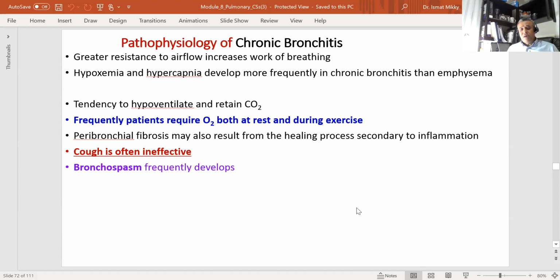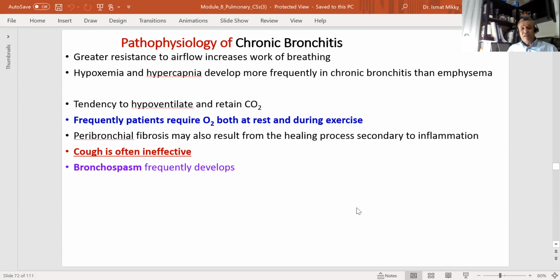So the patients have an ineffective cough, and it's ineffective to remove secretions because the patient cannot breathe deeply enough to mobilize the secretions and cause airflow distal to the secretions in order to expectorate them.